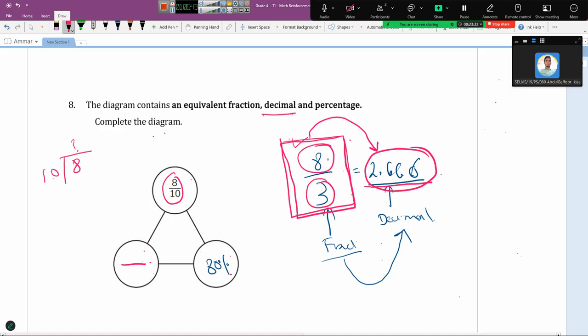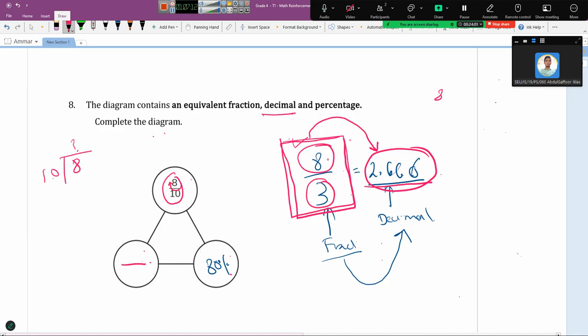Otherwise, we have a shortcut also, right? Dividing a number by 10 is simple. Dividing a number by multiples of 10 is easy. If it is 10, you have to place the decimal one digit before.